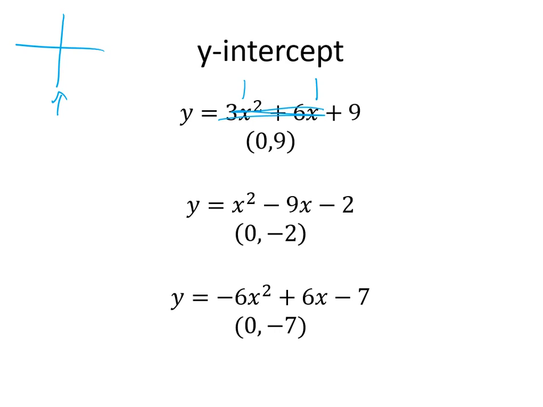So again, you just take whatever that last number is, that c value. So our y-intercept is always located at 0, c. Now, if there is no c value, then it's 0. So that means your parabola crosses at the point 0, 0.